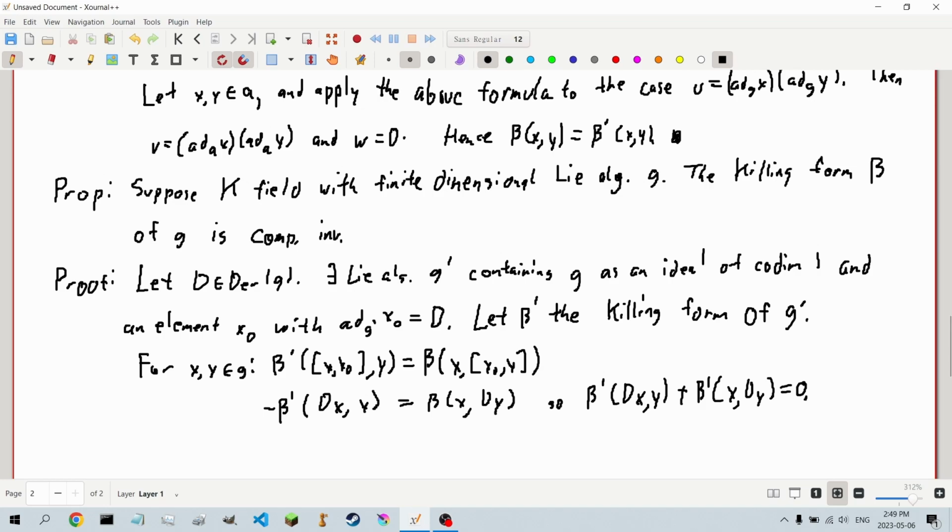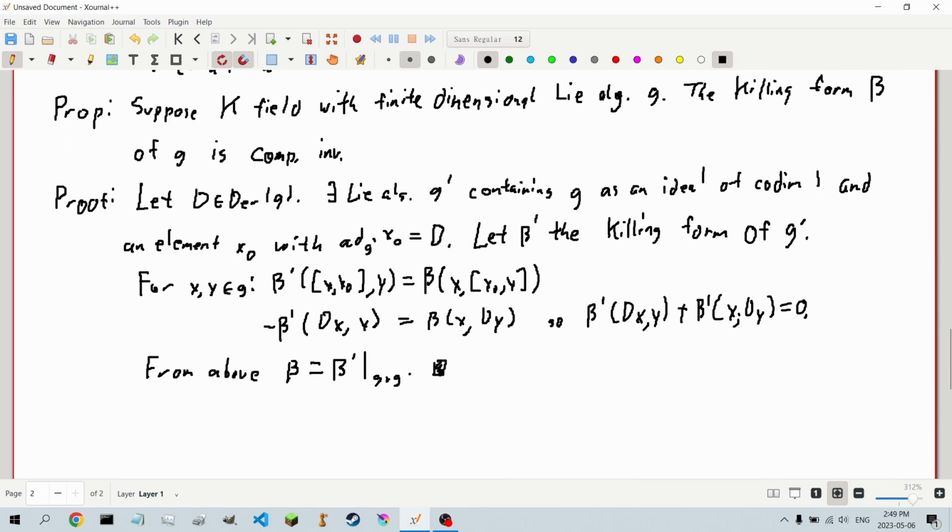And as we saw above, from our last proposition, beta and beta prime agree on G, where G is identified with the ideal of G prime. So beta is just equal to beta prime restricted to G times G. And we are done, because it's still going to be 0 there.